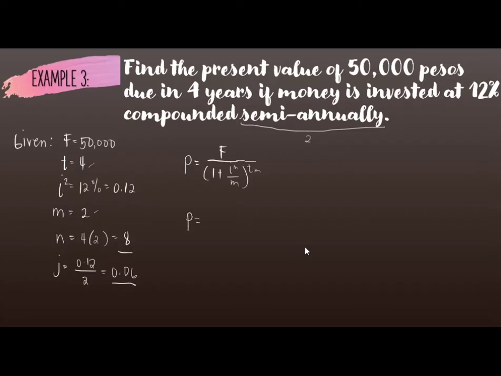Okay, so P is equal to, ang F is 50,000 over 1 plus yung interest rate over M, that is 0.06. So, pwede na natin ilagay agad. Raised to T times M, yung T times M natin, that is 4 times 2, equal to kay 8. So, 8 na agad yung ilagay natin.